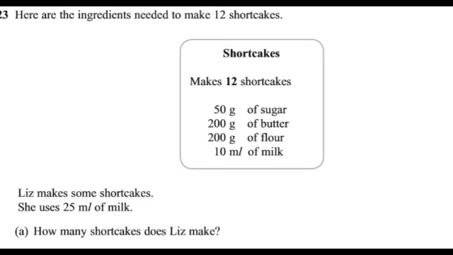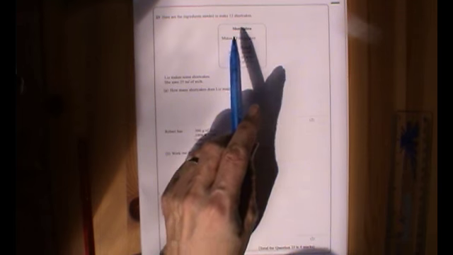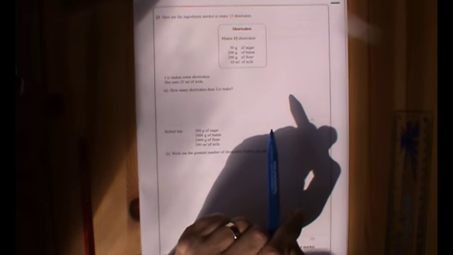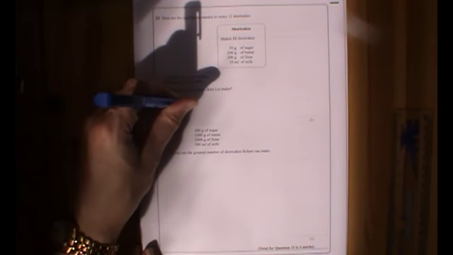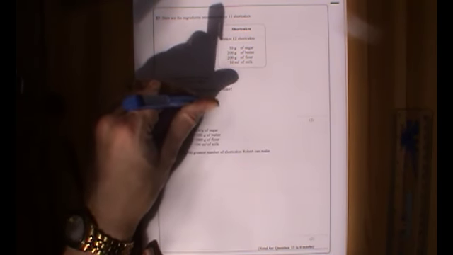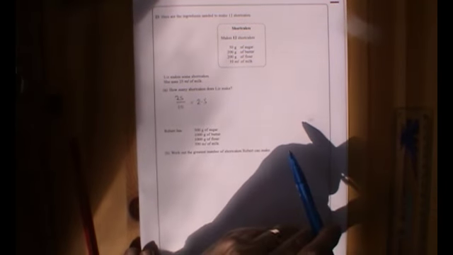So in the recipe, we need 10 mils to make 12 shortcakes. We've got 25 mils. So let's see how many times we can make that recipe. That will be 25 divided by 10, which equals 2.5. So we can make this recipe 2.5 times.